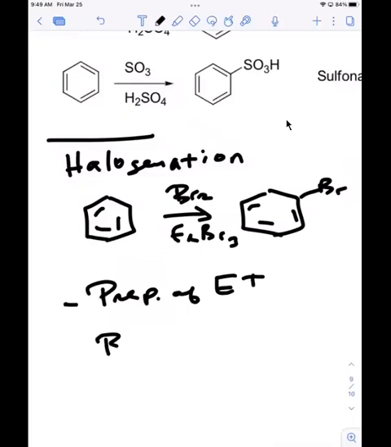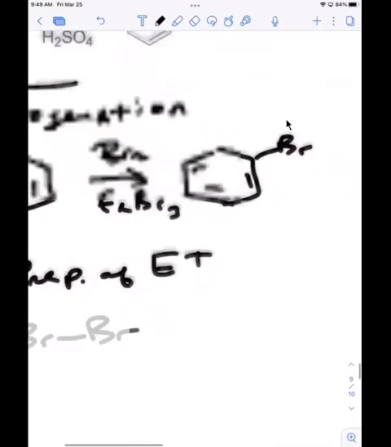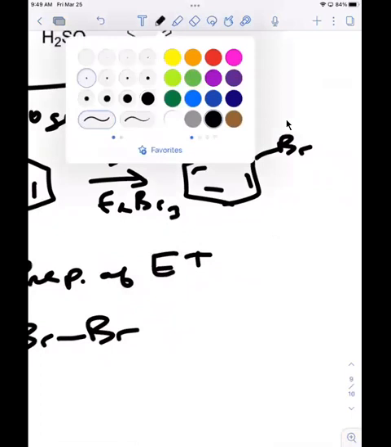So we take the Br2, and that is actually going to coordinate with iron.